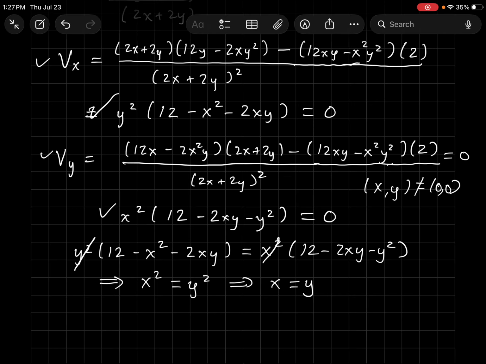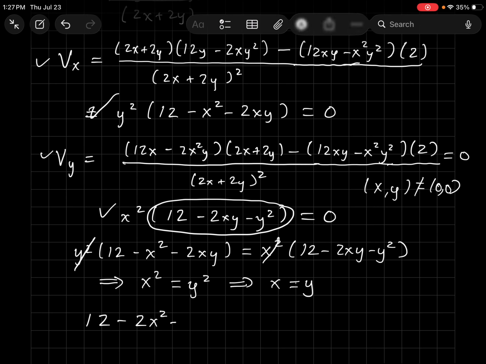All right, so since x must equal y, I can plug it back into an equation like this one. I can plug that fact in and say 12 minus 2x times x minus x squared equals 0, giving us 12 equals 3x squared, which gives us x equals 2.